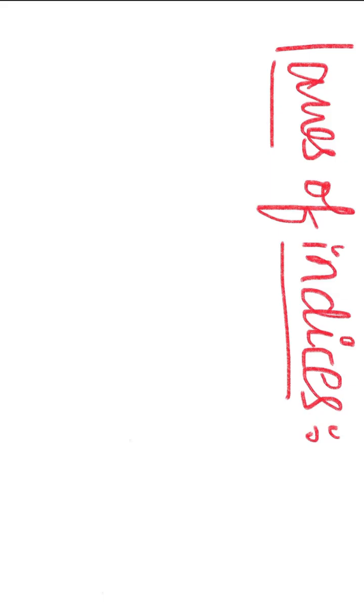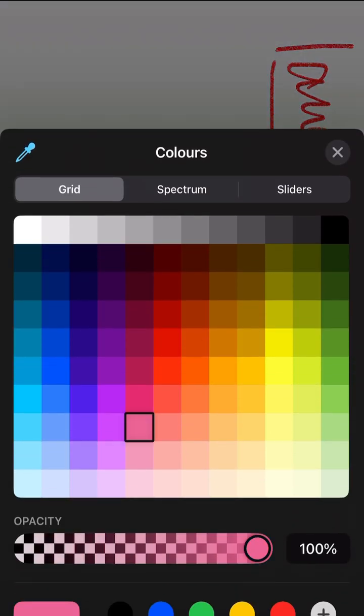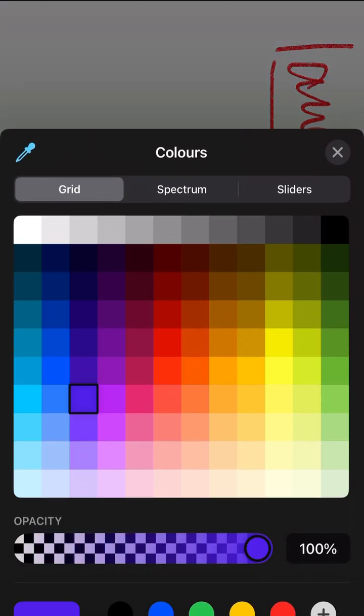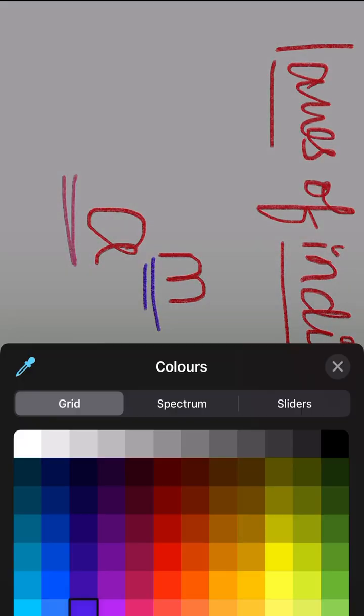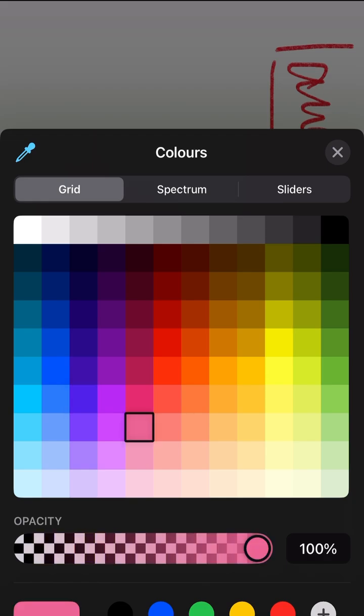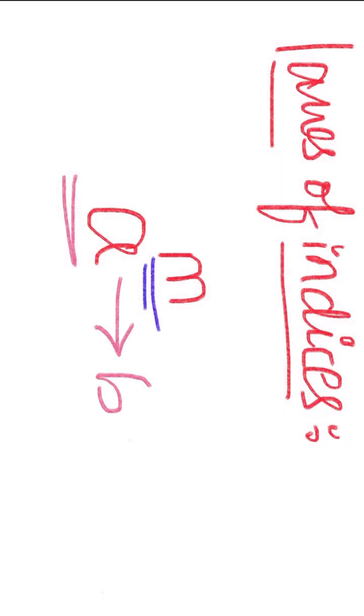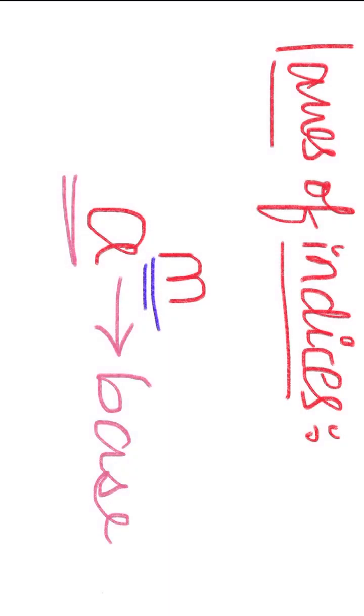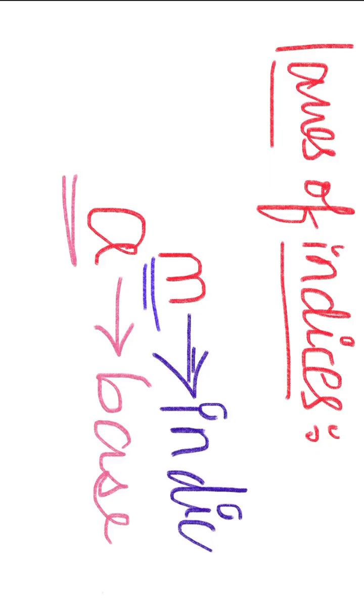So what is the law of indices in maths? Suppose this is a raised to m. First you need to know what is a and what is m. So a is the base and m is the indices.